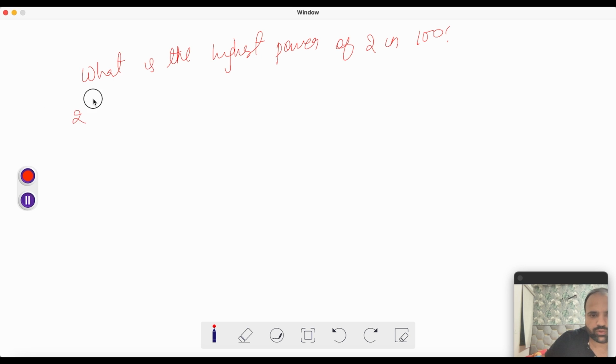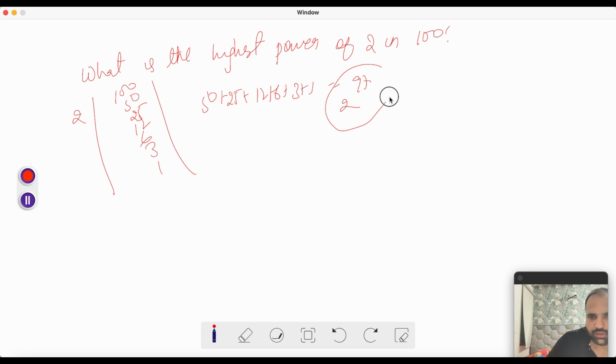So let's say 2: 2 50 100, 2 25 50, 2 12, 2 6, 2 3, 2 1. Now calculate it: 50 plus 25 plus 12 plus 6 plus 3 plus 1, that is 97. So the highest power of 2 is 97.